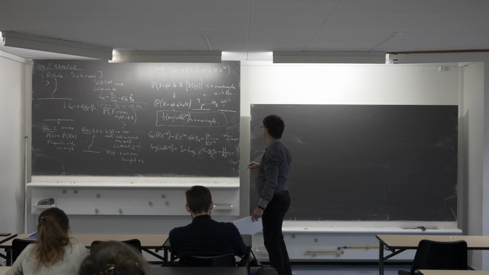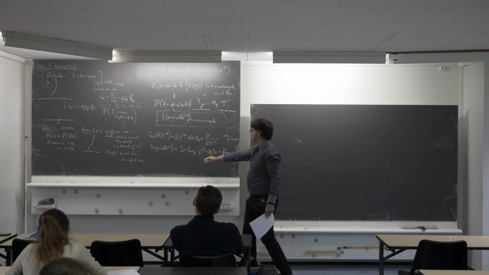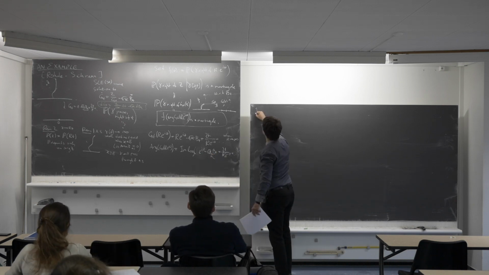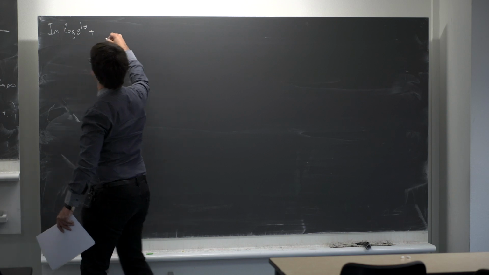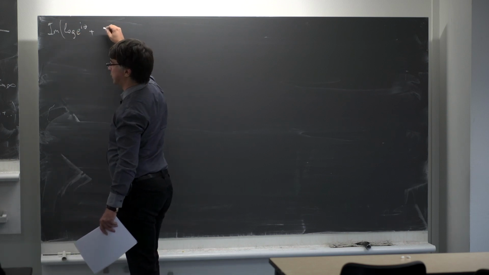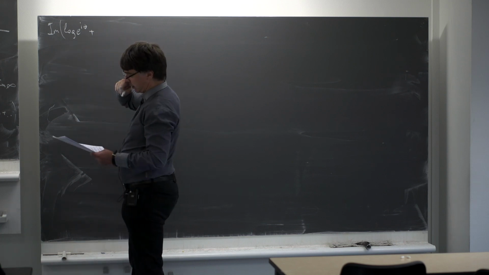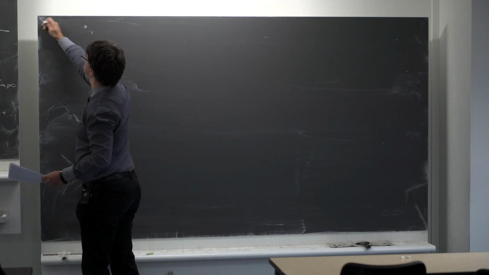So it will be the imaginary part of this. The constant term is just the imaginary part of the logarithm of e to the power i theta, and that's just theta.